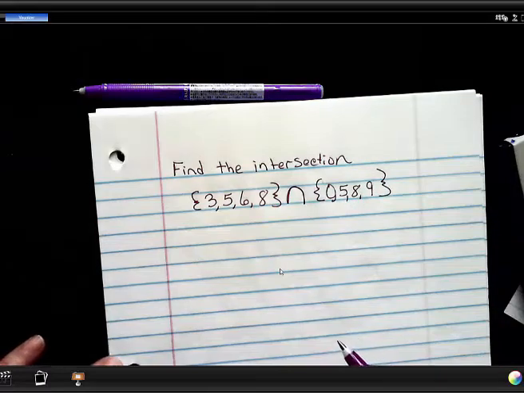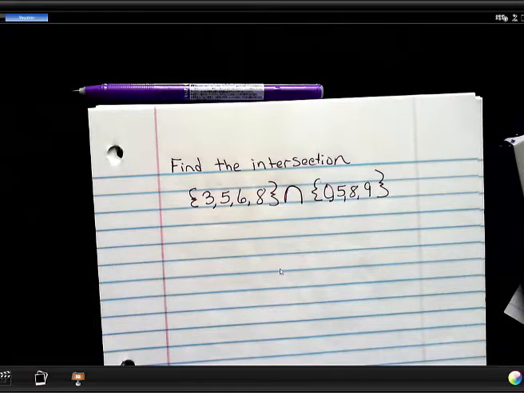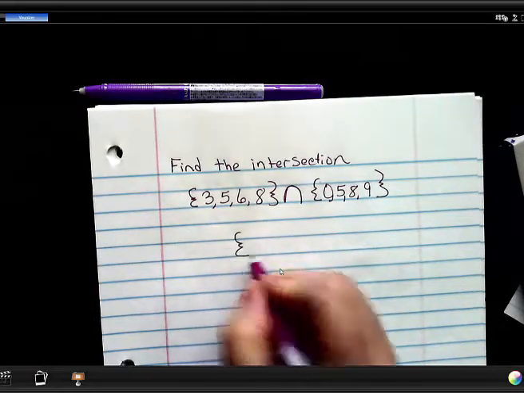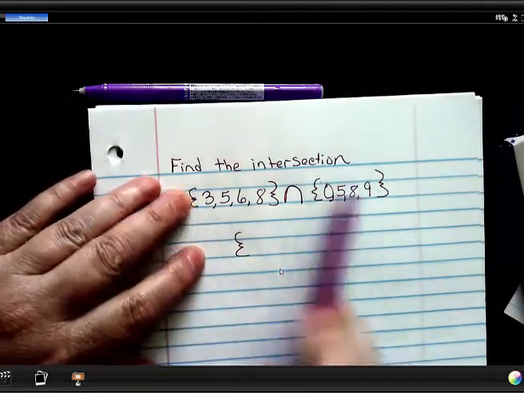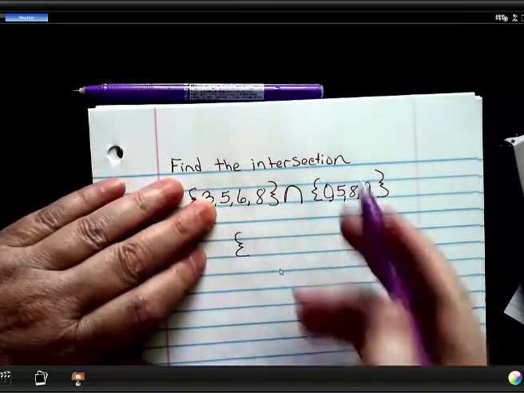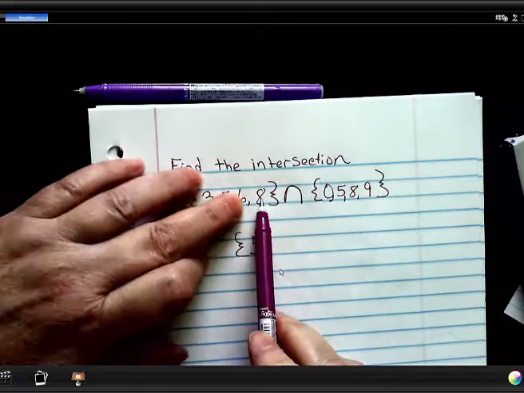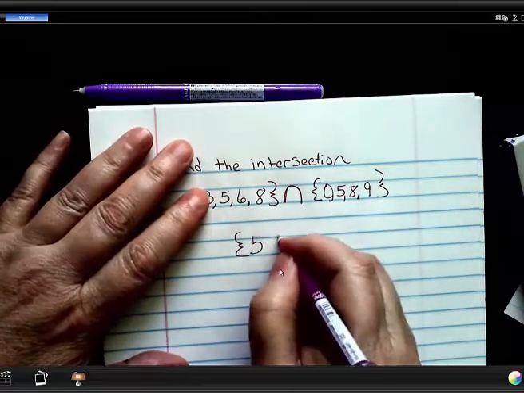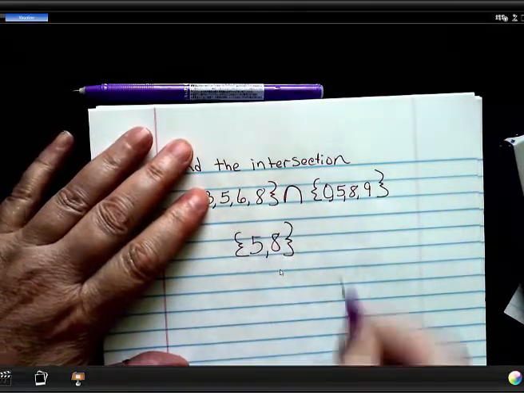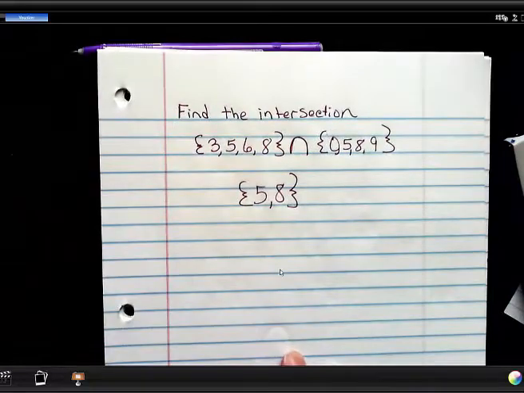Now remember, intersection is what they both have in common. So their intersection: do they both have a 3? No. Do they both have a 5? Yes. Do they both have a 6? No. Do they both have an 8? Yes. And that's our intersection.